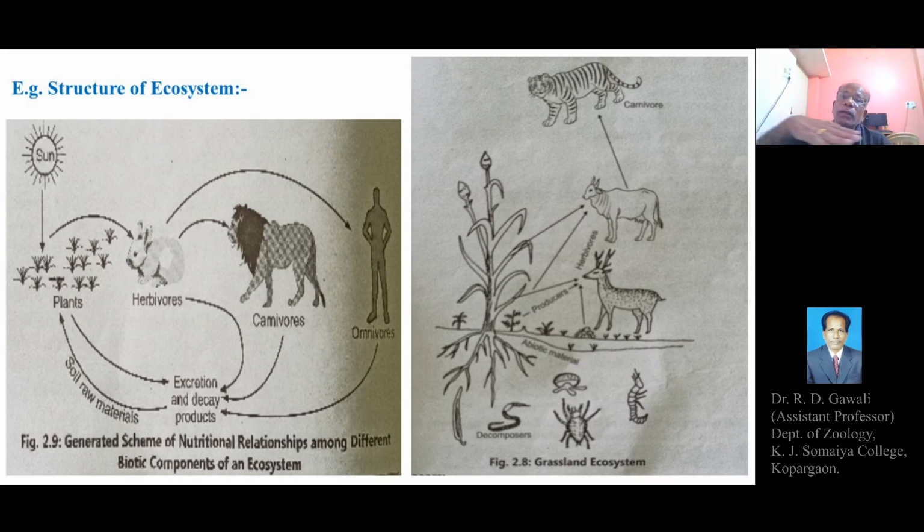Then in the soil layer, we can see the different decomposers. In the lower part of the image, we can see different types of decomposers, maybe worms, some sort of invertebrates, fungi, different types of bacteria, and nematodes, which occur in the soil layer.